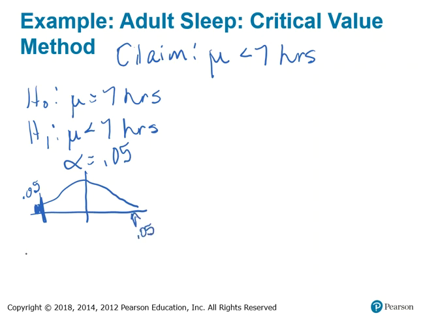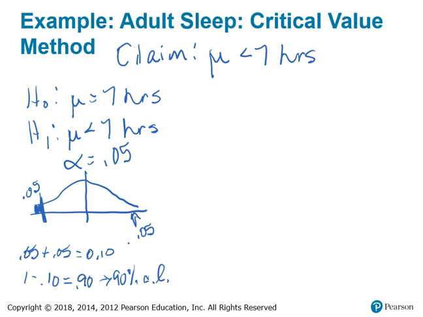So when I'm looking at what my confidence level is, I do not want to write that yet. I have 0.05 on this end, I have 0.05 on the upper end, so I have a total of 0.10. So 1 minus 0.10 gives me a 0.90 confidence, or a 90% confidence level. And that's what I'm going to have to use when I'm working with my critical value.